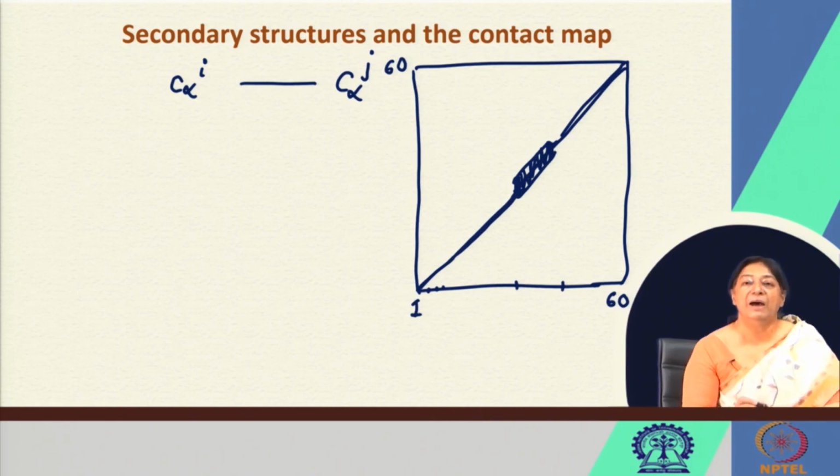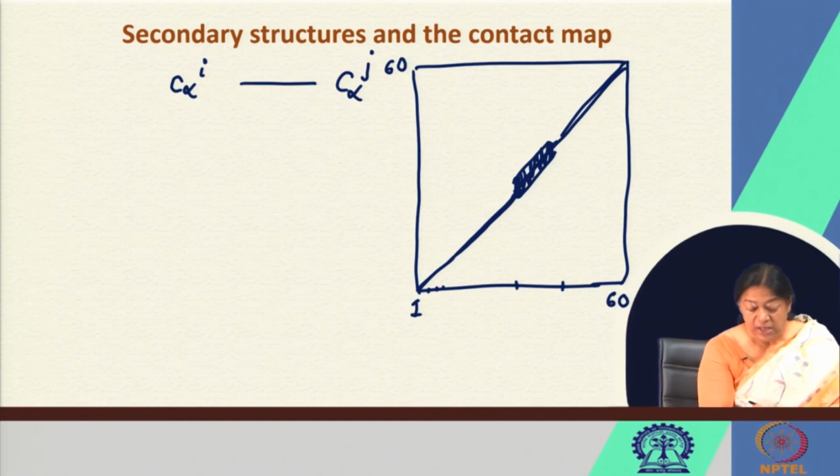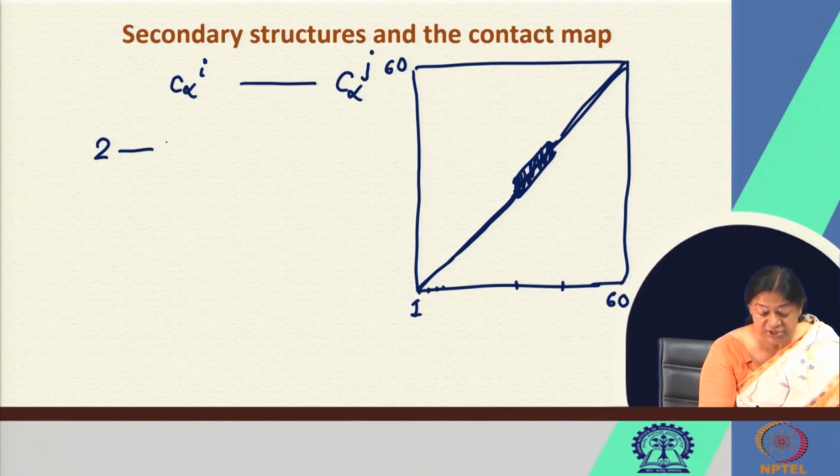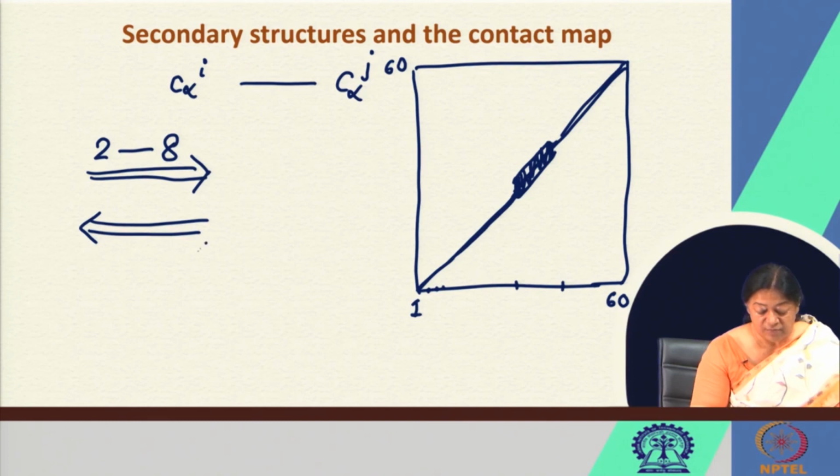When we are looking at the parallel and the anti-parallel beta sheets, let us see what we see. Say I have an anti-parallel beta sheet, where one strand runs from 2 to 8 in this direction and another, 44 to 52, runs in this direction.